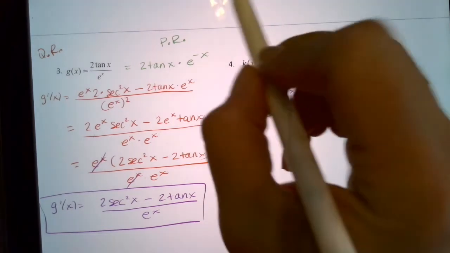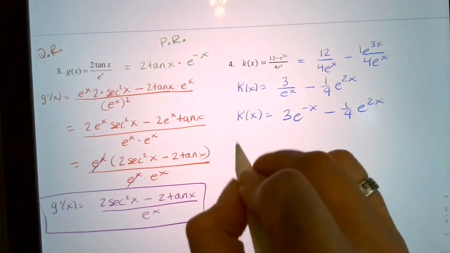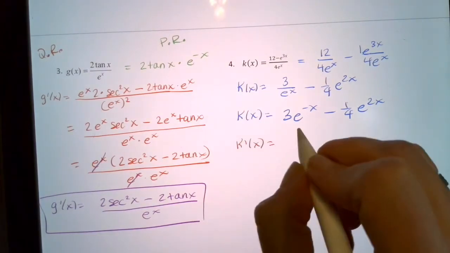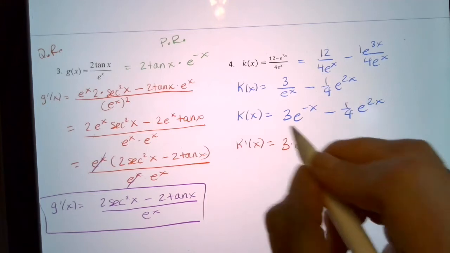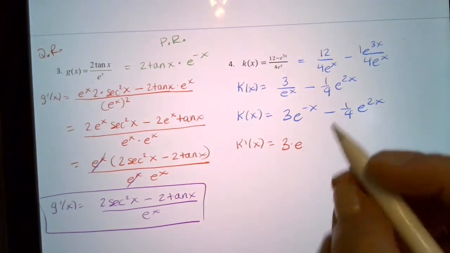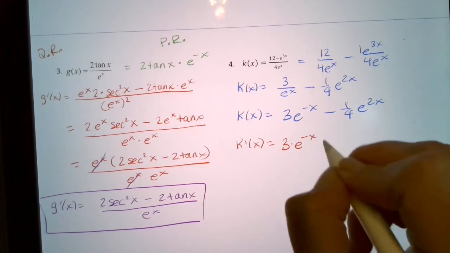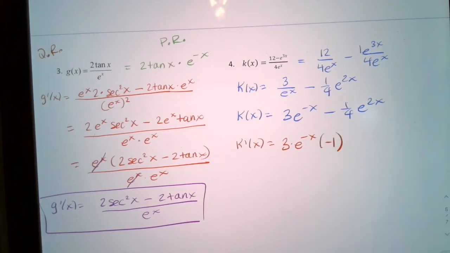Let's do it. Let's actually now take the derivative. So I'm going to use that prime notation. The derivative of 3e to the negative x is 3 times e to the negative x. But I'm going to multiply by a negative 1 because I needed a chain. The derivative of negative x is negative 1. That's why that's there. Chain rule.